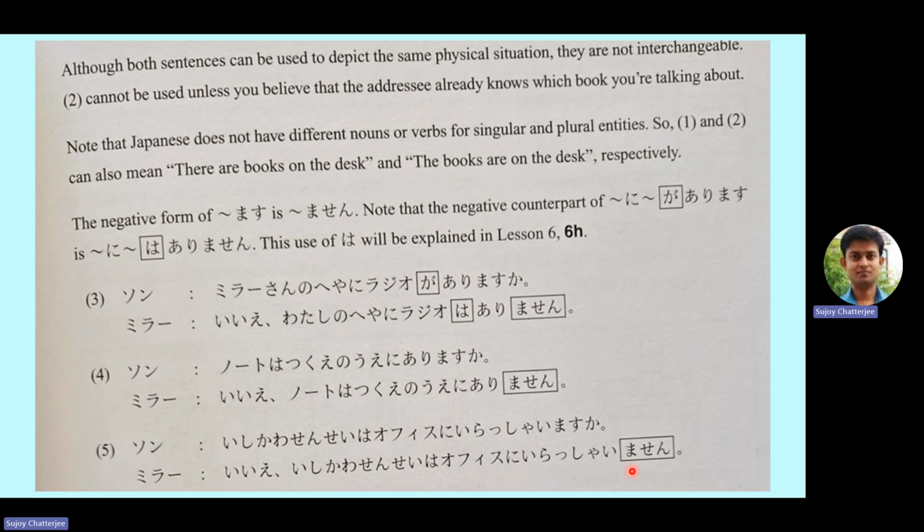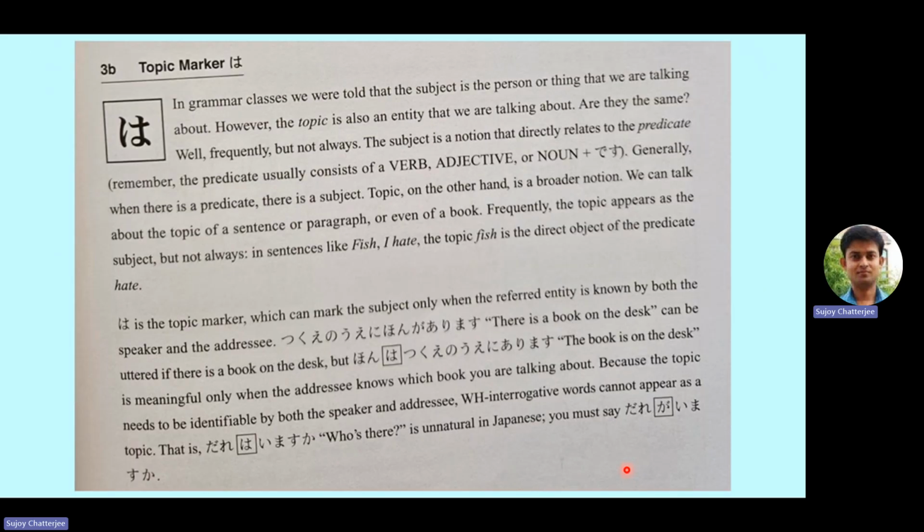No, Ishikawa sensei is not in the office. In this way you can see the use of ga, wa and masen in different examples. So this was existential verbs imasu, irasshaimasu and arimasu.